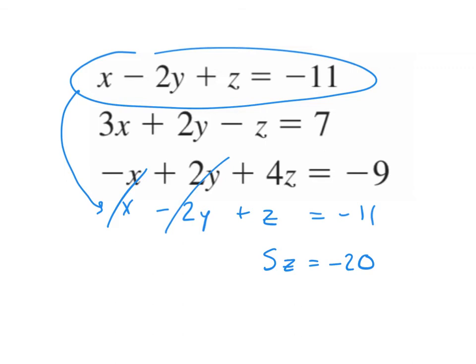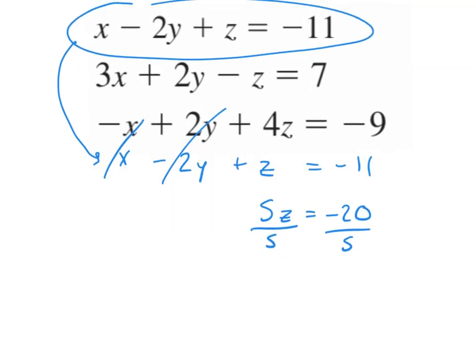Divide by 5z, right? Divide by 5. We can just solve for z. So the 5's cancel out. We have z is equal to negative 20 divided by 5, which is negative 4. Good job, Sandy. Thank you.